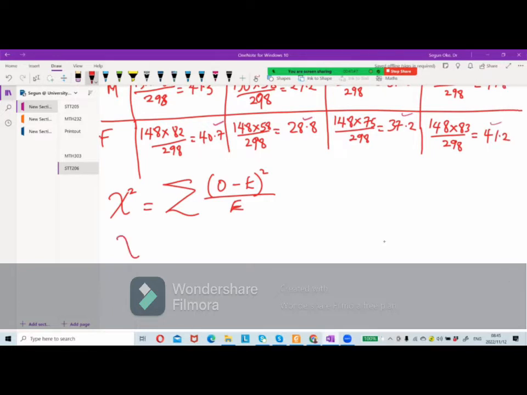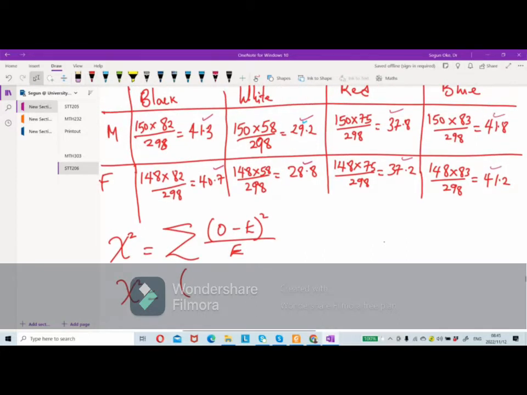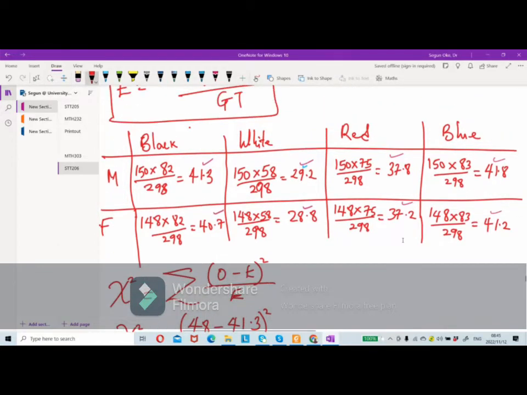Open your brackets. The first observation for May is what? Anybody? 48. So 48 minus 40.3, the first expectation, all squared, divided by 40.3.